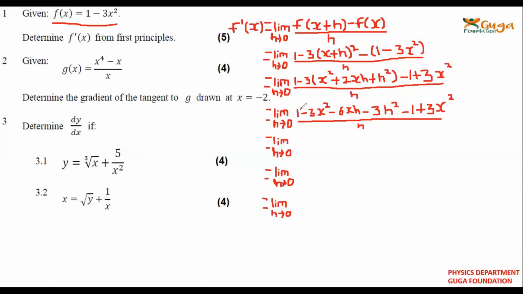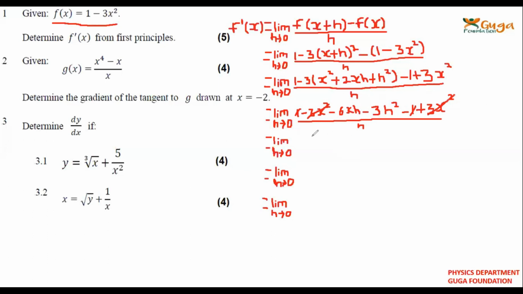So now we collect the like terms. You've got 1, so 1 minus 1 is 0. Minus 3x squared plus 3x squared is 0.